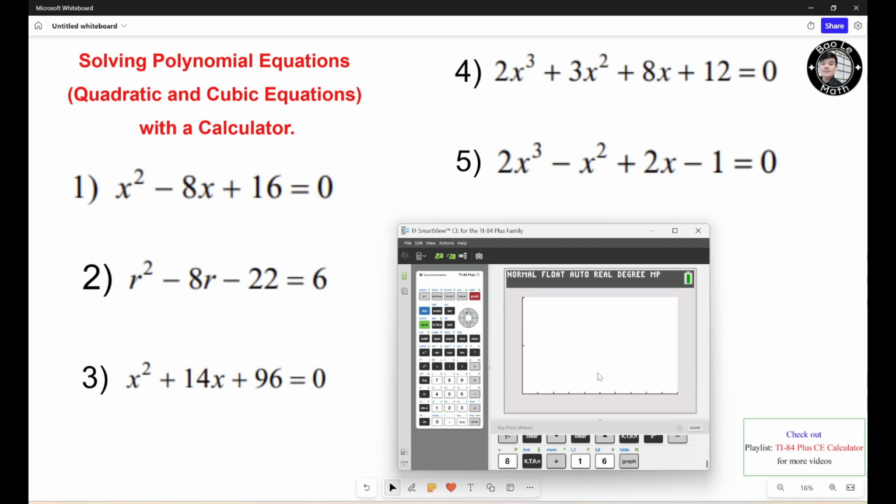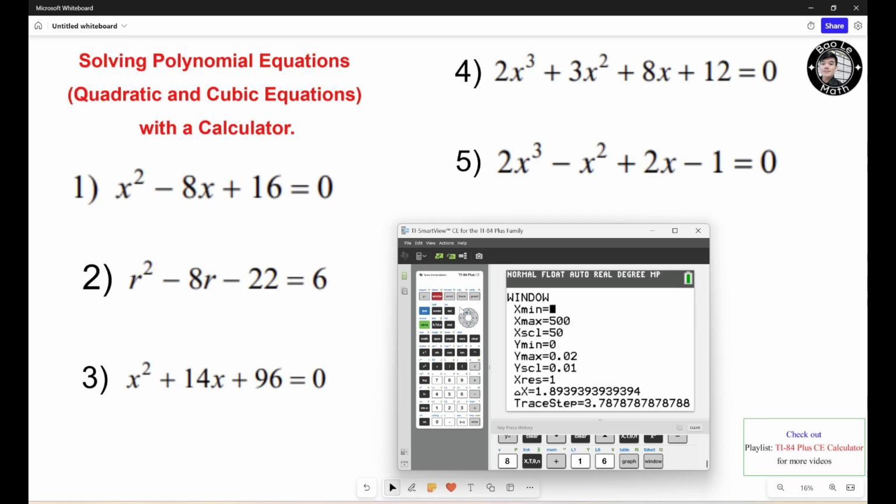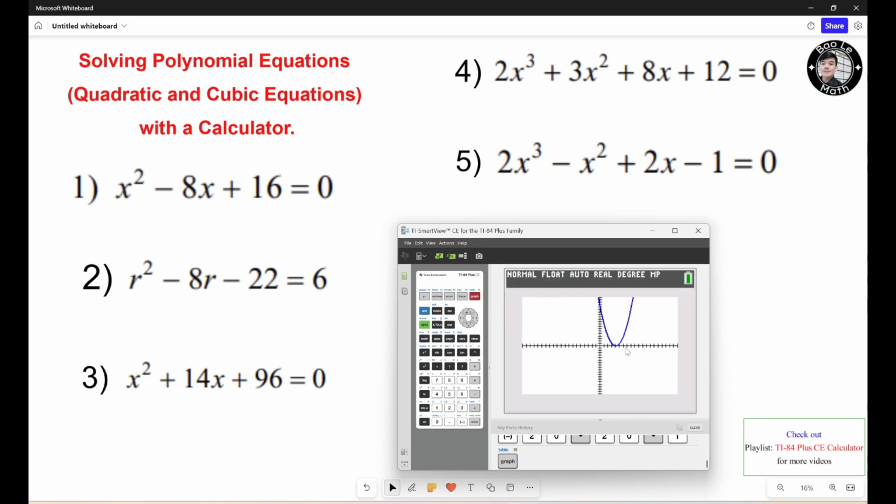The graph does not show up, which means you need to adjust the window range right here. Alright, so the best window range is going to be negative 20, 20, and the scale 1. Y min negative 20, 20, and then 1, the scale 1. And you hit graph, it's right here.